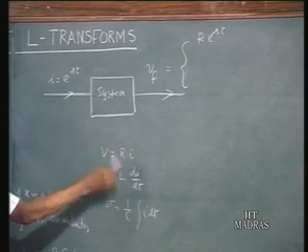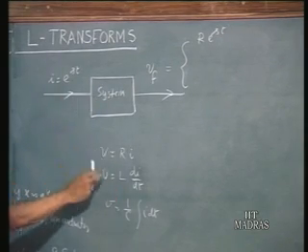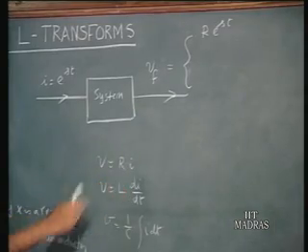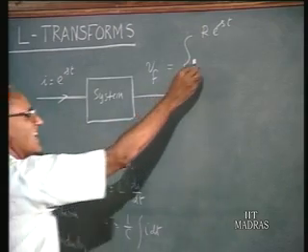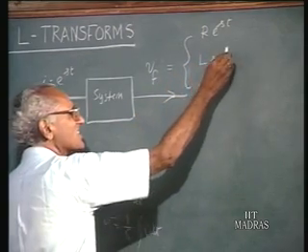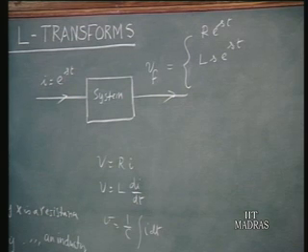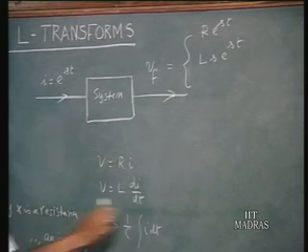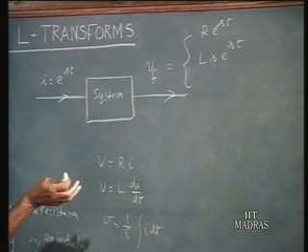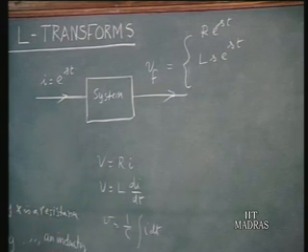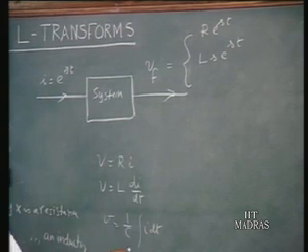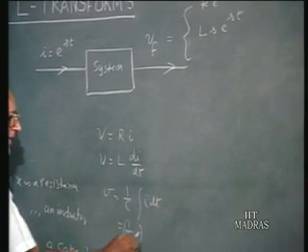If the system happens to be a pure inductor, the relation between the voltage and current is L times di by dt, therefore this is Ls times e to the power of st. And if the system is a pure capacitor, suppose we treat this as a kind of differential equation, and i is the input e to the power of st, this is 1 over C D operating on i(t).